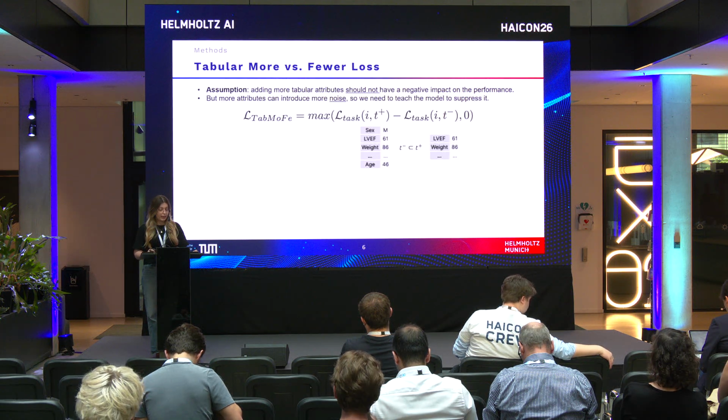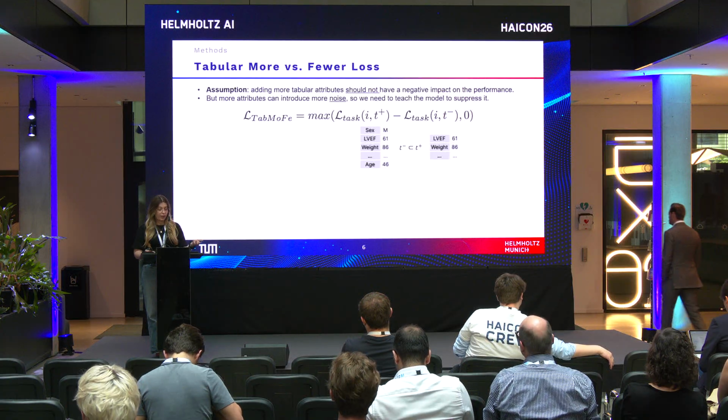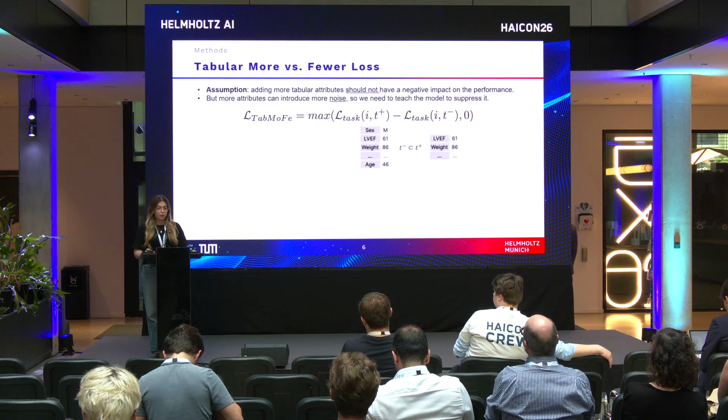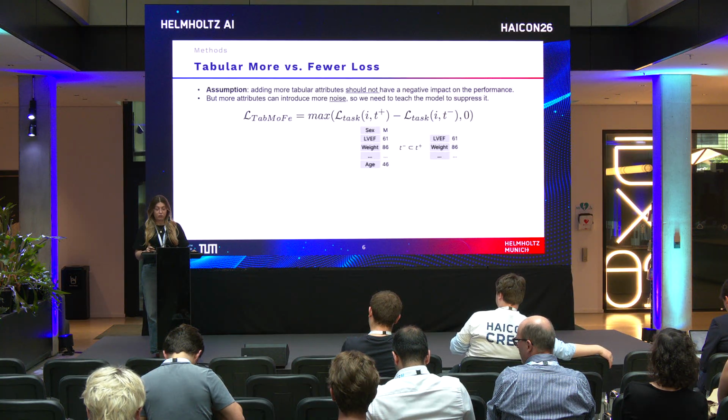And so what we did here is that we sample two sets of our table, and one of them is larger, T plus, and then another one that is smaller, T minus. And the smaller subset is a subset of the larger one.